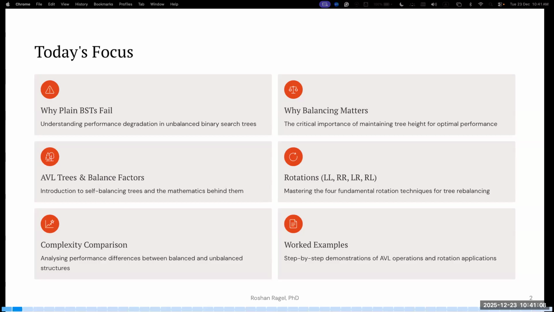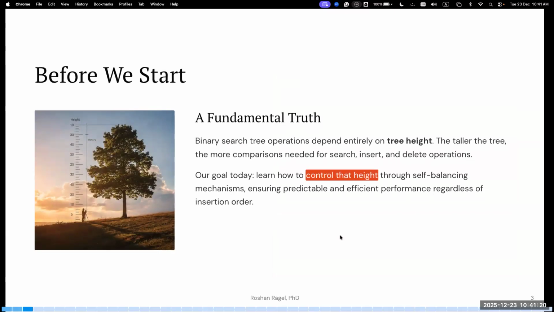Right, so let's proceed. So that's the plan for the rest of today. We'll be looking at some examples as well. So like I have already mentioned, the point is unless we control the height of a binary search tree through some mechanism, here we are talking about a mechanism called self-balancing.